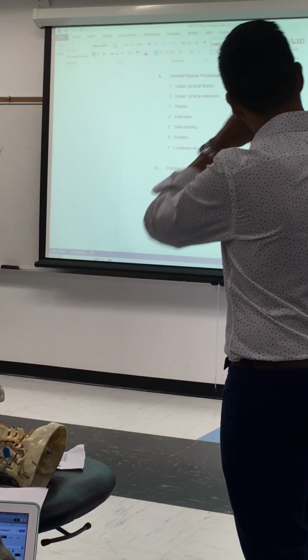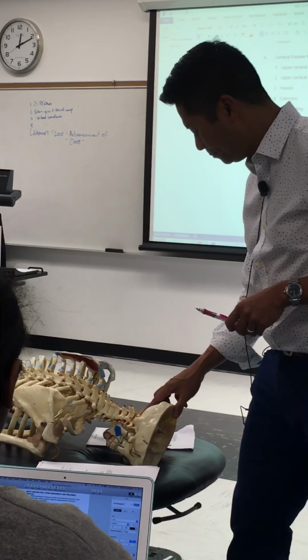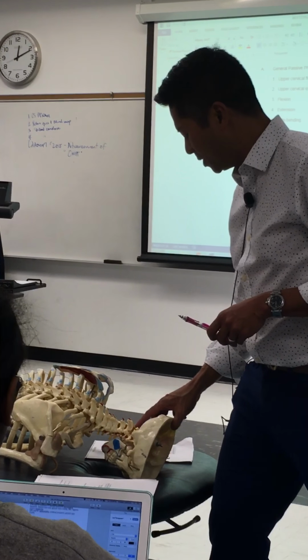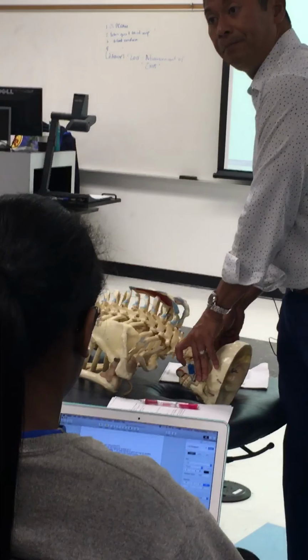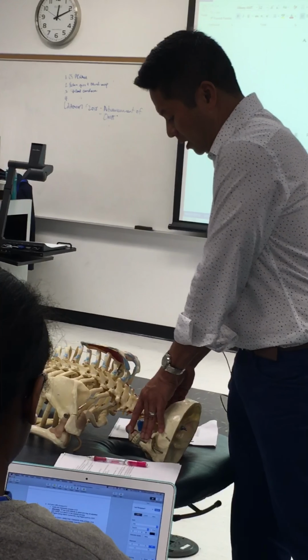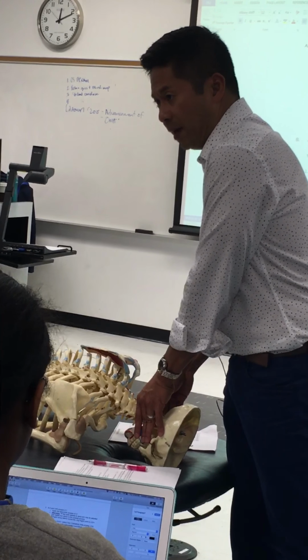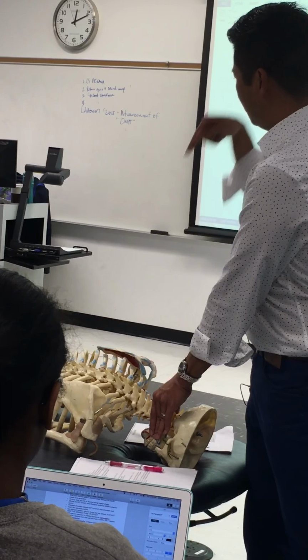When you're doing your UPA on your C2, all you have to do is, from that transverse process, drop down. I want to move my C2 segment against my C3. So the same thing: grab the soft tissue, and I'm just doing a direct CPA on my C2, directly down toward the floor. That's my force.